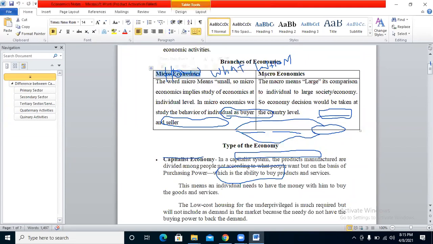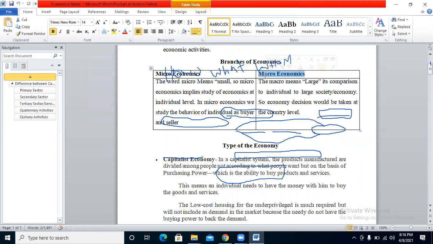These two words, micro and macro, themselves indicate the difference between micro and macroeconomics. Micro means the individual or a small unit. If we are talking about the individual or a small unit in economic activity, this is called microeconomics. And in microeconomics, it's the study of the individual.